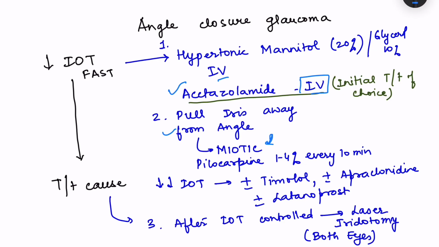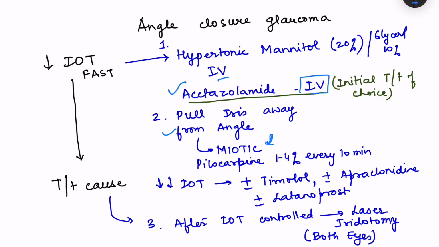But here we are saying differently. Here the main action is the miotic action, that is the sphincter pupillary contraction, which will pull the iris away from the angle, and that is going to allow the passage of the aqueous humor from the posterior chamber into the anterior chamber.